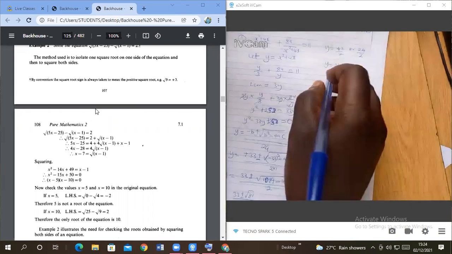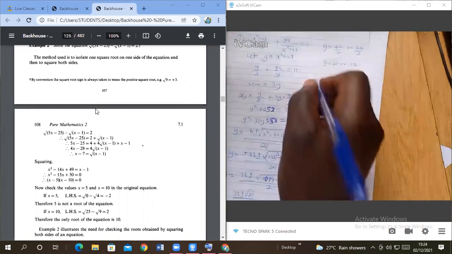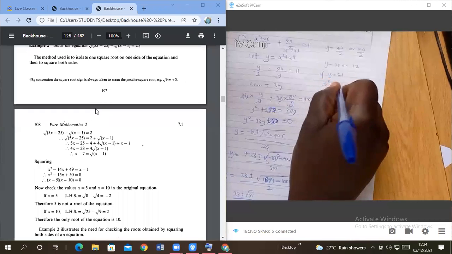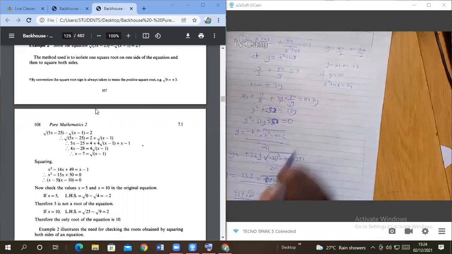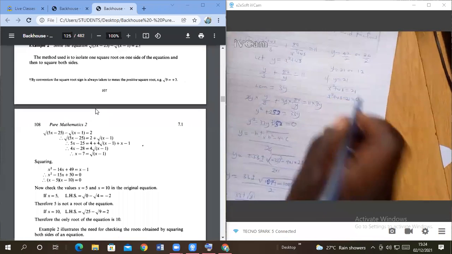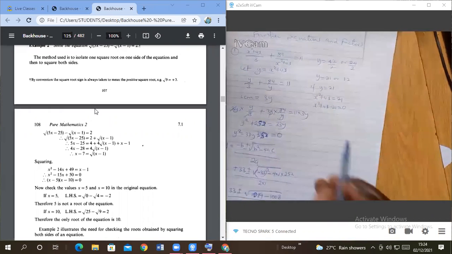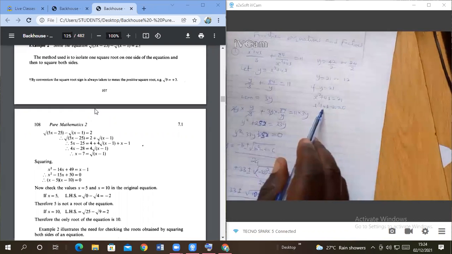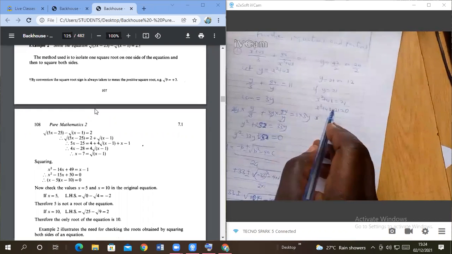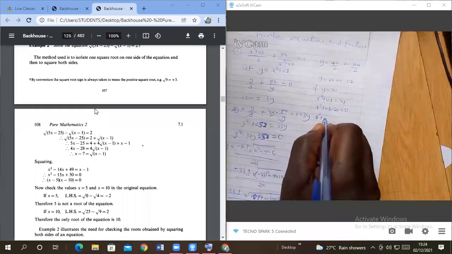Now, remember, our y was initially x squared plus 4x. So if y is 21, it means x squared plus 4x should be equal to 21, and we have x squared plus 4x minus 21 is equal to 0. What are the factors of negative 21 that give us positive 4? 3 and 7.